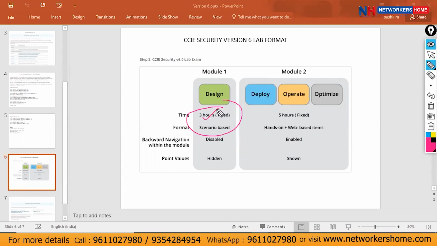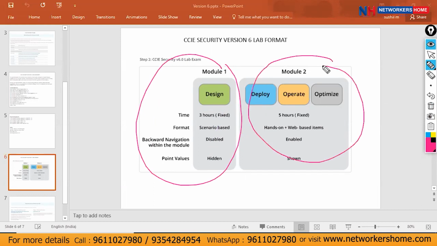Previously, the good part in version 6 is that in version 5 there were 2 more tasks in 3 hours. The troubleshooting part was there, and the multi-choice question section was also there, 2 different sections, right? So that troubleshooting part is not included here. It's not like troubleshooting has gone.